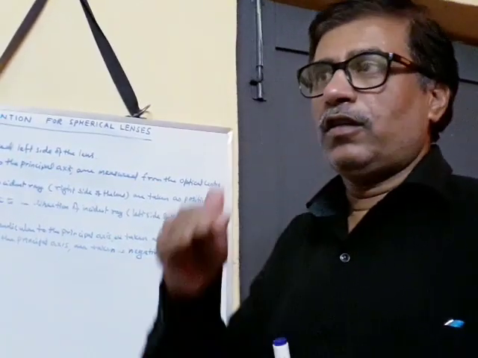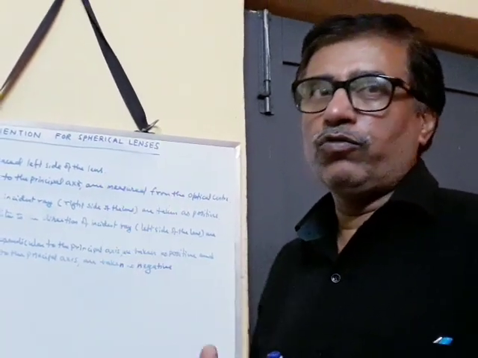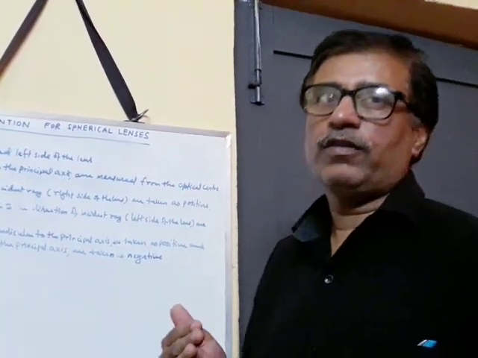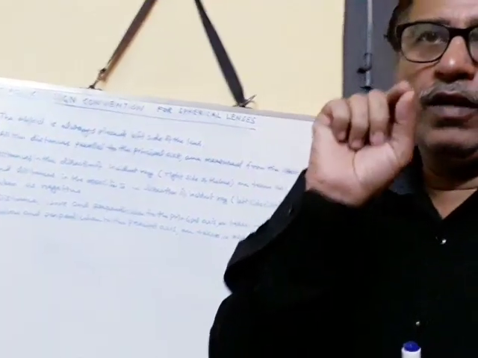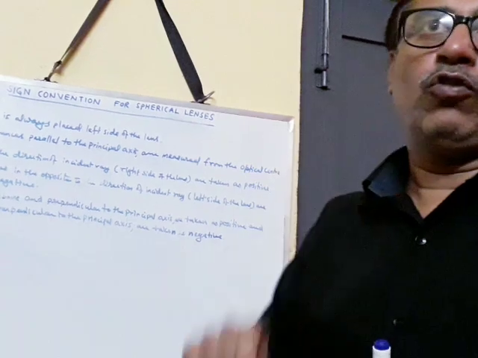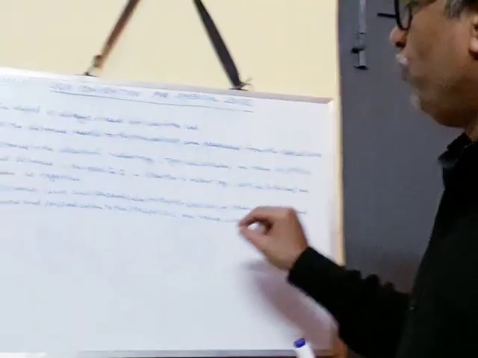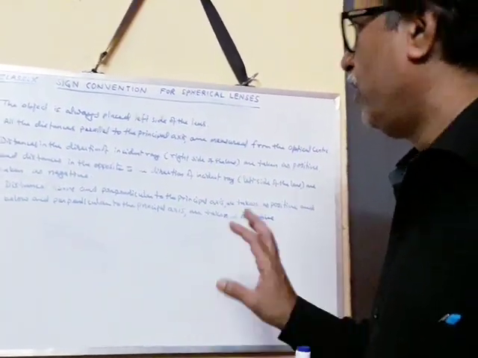Similarly, in the y-axis, the perpendicular values above are taken as positive and those below are taken as negative. In the same way, suppose the lens is placed at the origin of the coordinate axis. When this position is taken, we can understand it clearly.